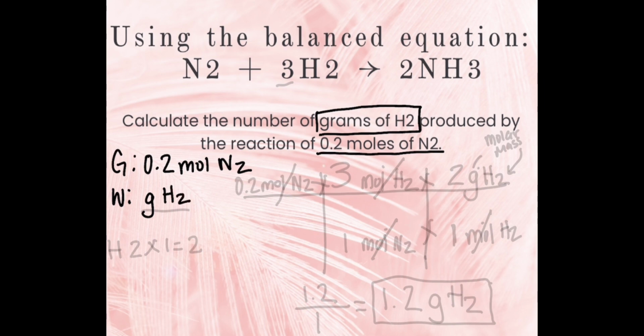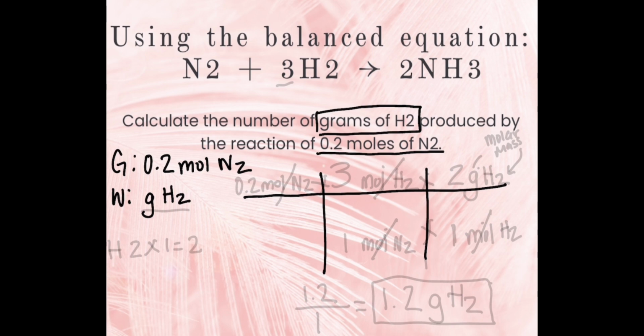Now I notice that I'm going to start with moles and end with grams. When that is the case, I am going to do the railroad track method. When I'm going from moles to grams, I know that I'm going to have two railroad tracks.